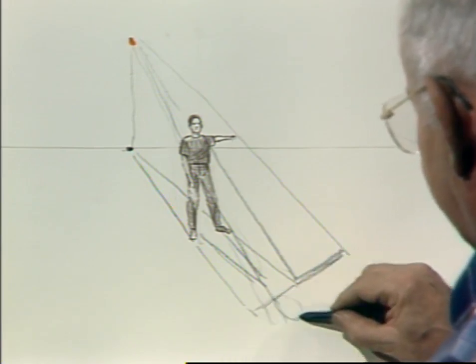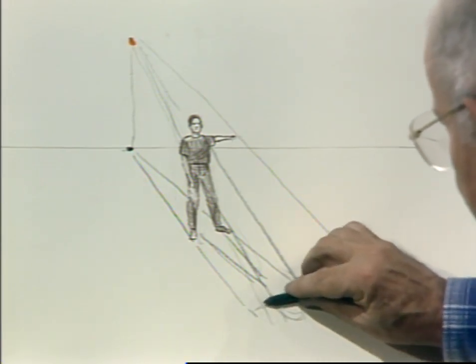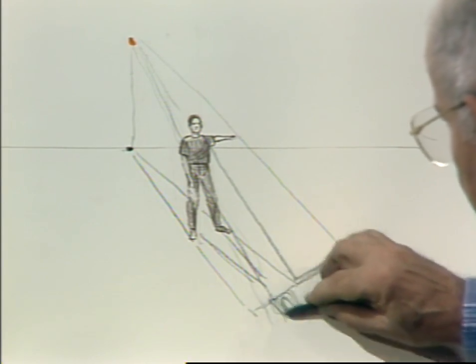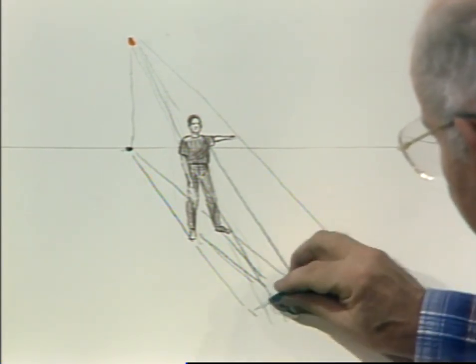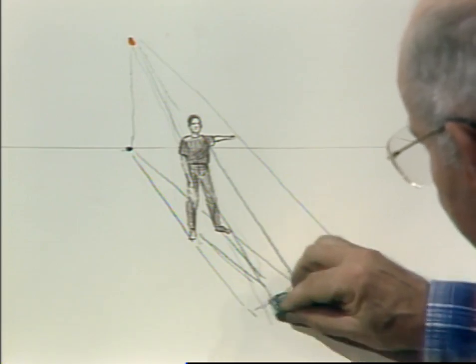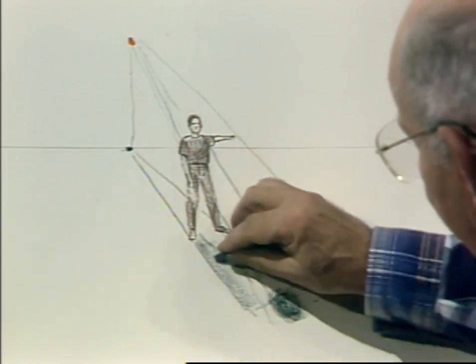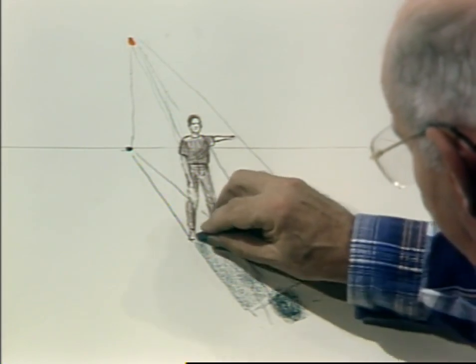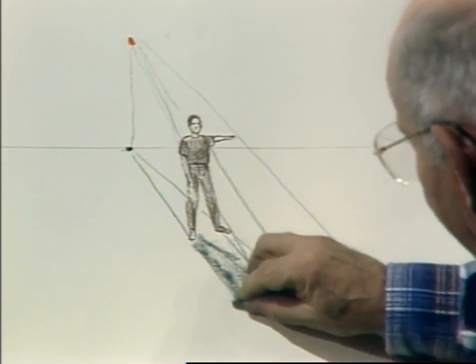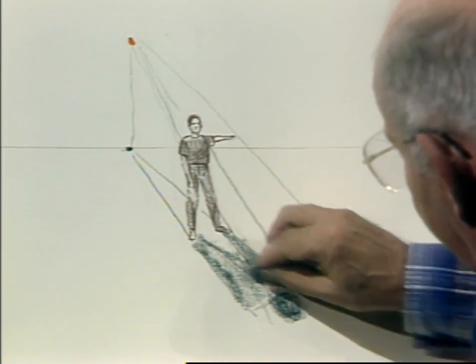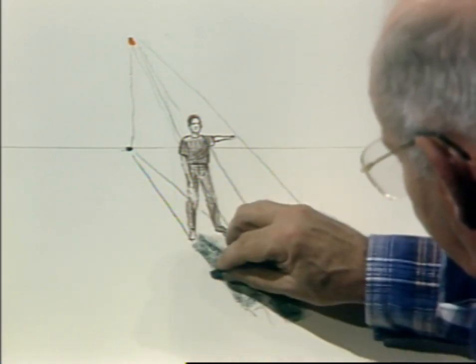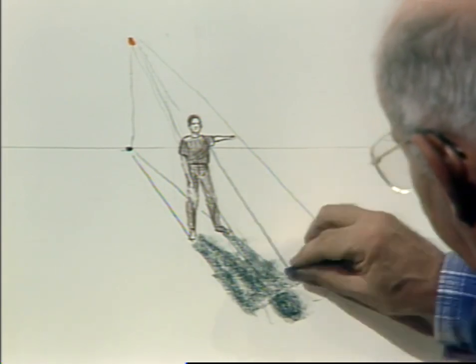And then, of course, the head's going to be even further down here. And if we fill that in, we can get the idea of the shape of this shadow. Of course, we could hit all these points, but a lot of this is you're going to make it up and fill in.